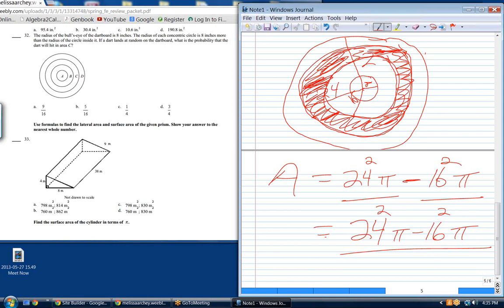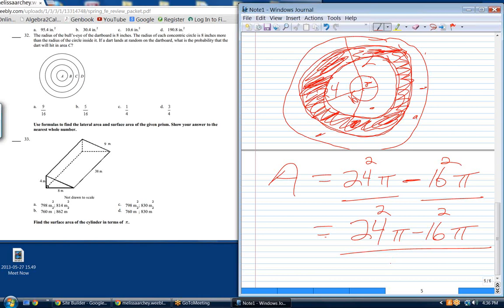In other words, if I'm throwing darts, that dart could hit the bullseye, it could hit here, here, there, or in there. So when I'm figuring probabilities based on areas, I want the area of the shaded region divided by the area of the whole dartboard. What's the area of the whole dartboard?